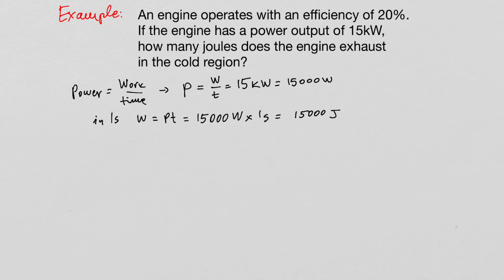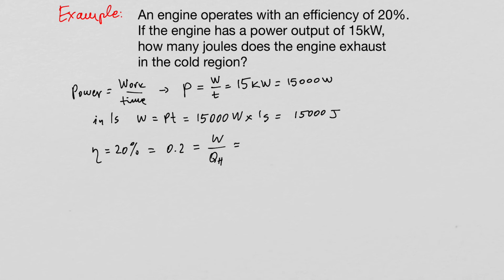Now let's look at the efficiency. The efficiency eta is 20%, which expressed as a decimal is 0.2, and this will be equal to the work done divided by the heat coming from the hot reservoir.